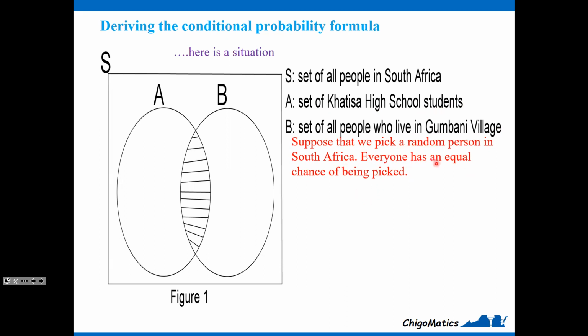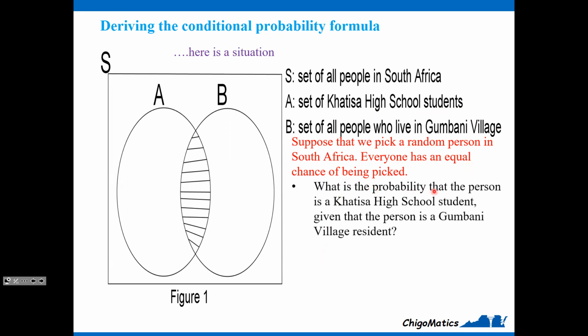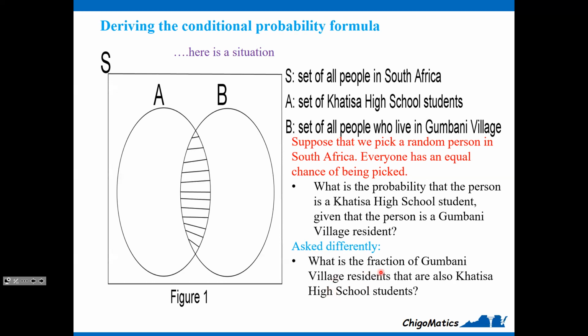Remember, everyone has an equal chance of being picked. Therefore, what is the probability that the person is a Katisa High School student, given that the person is a Gumbani village resident? Ask it differently: what is the fraction of Gumbani village residents that are also Katisa High School students?